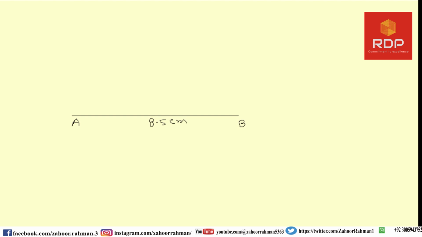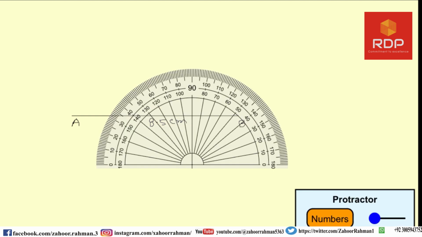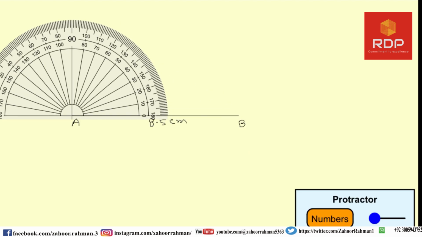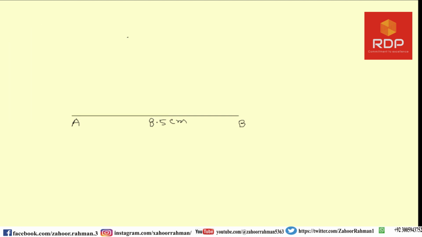Now let us draw the other. Here they are saying that BAC is 54, so BAC is 54 and 54 will be somewhere here, so we have to mark this at 54 and label it as 54 degrees.